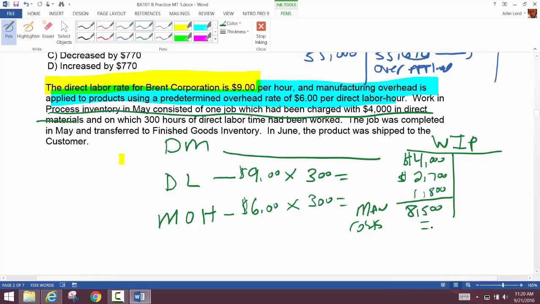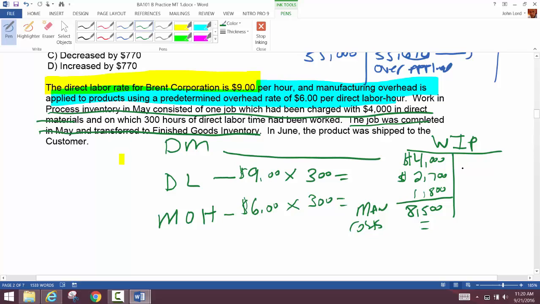Right? Okay. Now, when we look at this, they tell me that the job was completed in May and transferred to finished goods inventory, right? So in May, I would have gone ahead and done what?